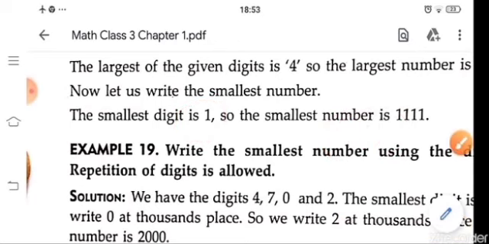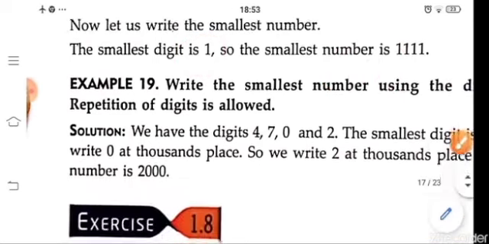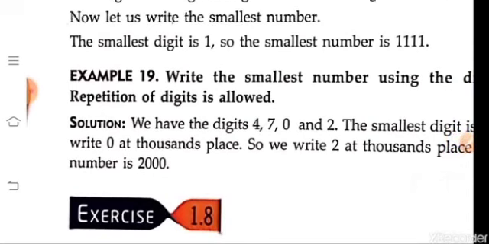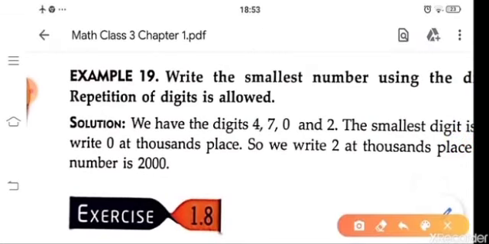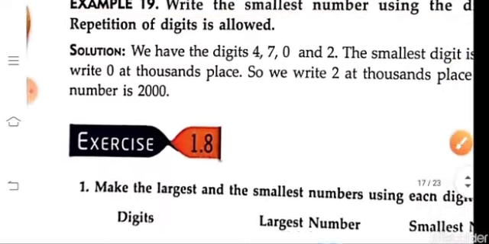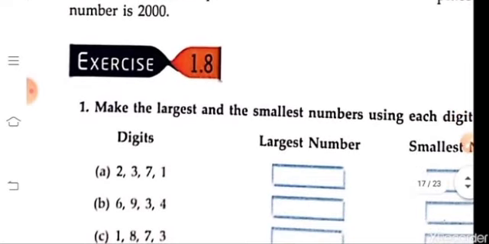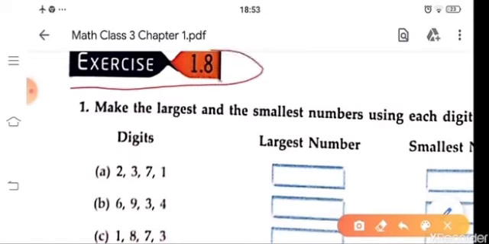Now, children, we'll move to the next example, 19. Here also we are going to do the same thing as in example number 18. Now let's move on to exercise 1.8.